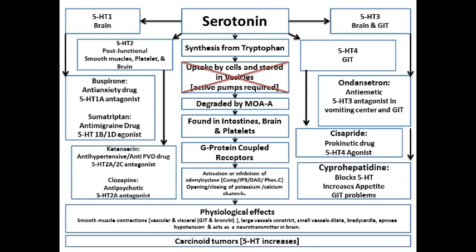As I told you, serotonin is taken up into the cells actively and is also taken up within the vesicles by an active pump. So you can block the uptake of serotonin and increase the levels of serotonin at the synaptic junction.